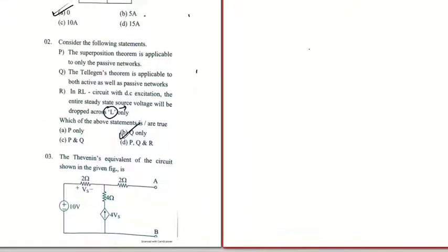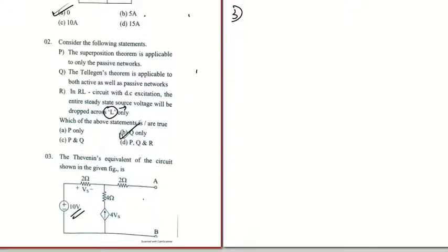In the third question, we have to find out the Thevenin's equivalent of the circuit shown in the figure. So there is a 10 volt source. It is a condition where there is a dependent source as well, a voltage dependent current source over here. For that we have to find out RTH and VTH.